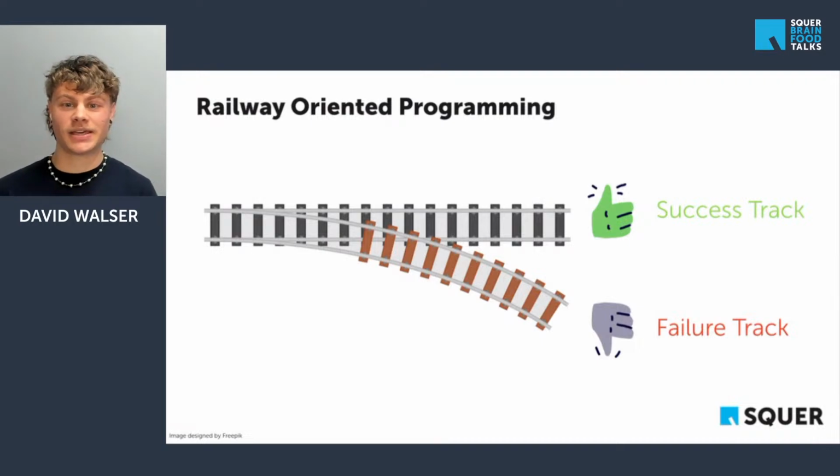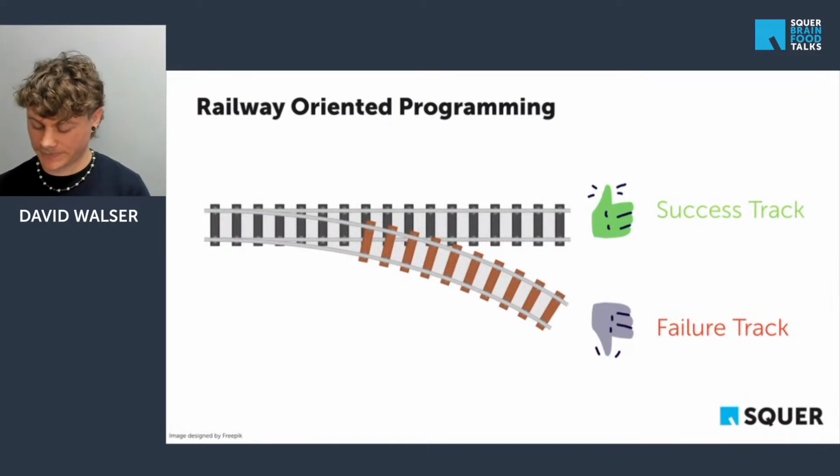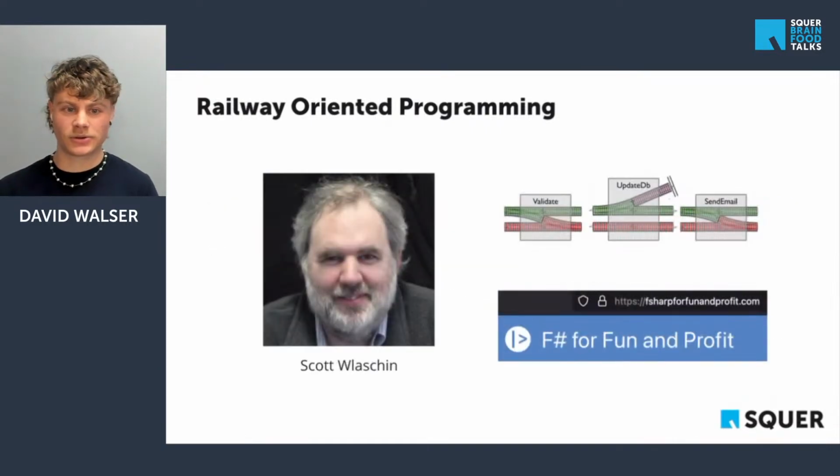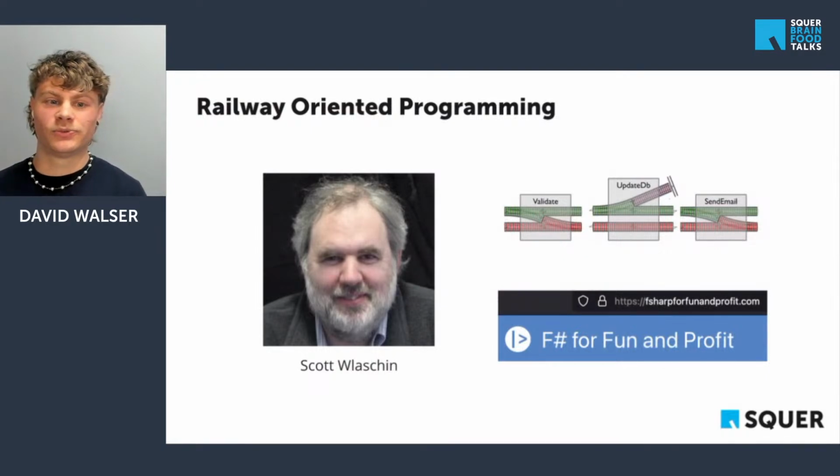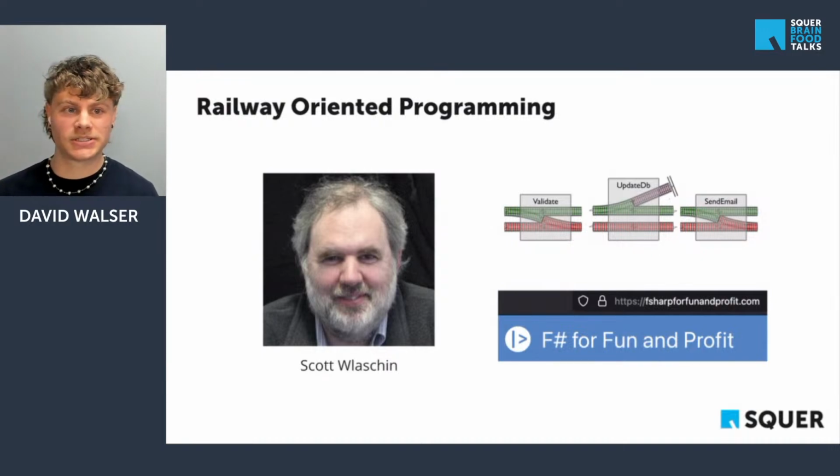The whole mental idea behind railway-oriented programming is that the application flow is on track, and we're always on the success track or the failure track. And to give a quick shout out to Scott Wlaschin here, he is well known in the .NET community for promoting this idea behind railway-oriented programming.